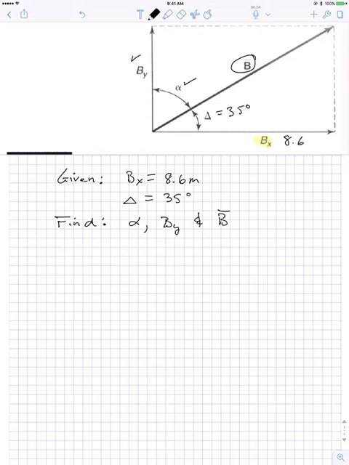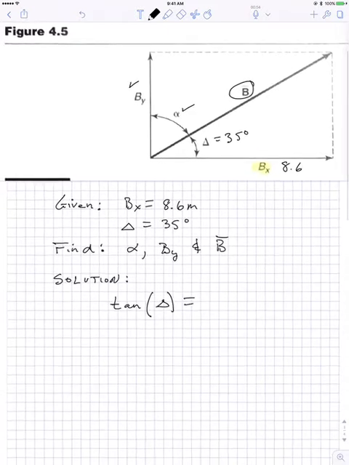Okay, and so our form of the solution, we have to invoke some laws of trigonometry. Okay, so one thing we know is that if we look at the tangent of the angle delta, that's going to be opposite.